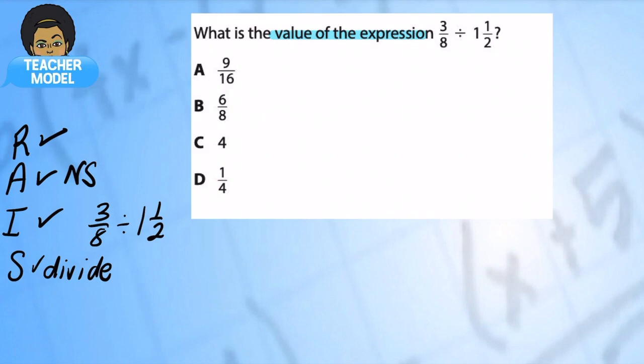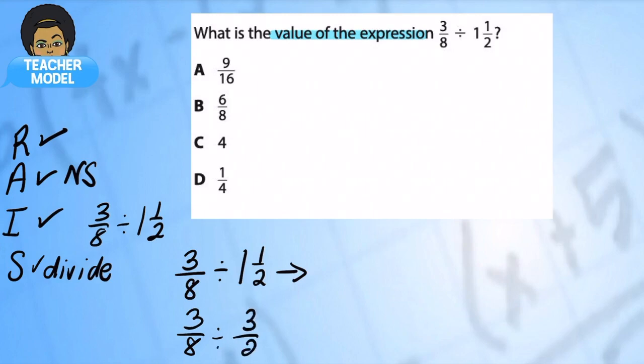So I'm going to do some division work here. 3/8 divided by 1 1/2. Let's change that. There are a few things we need to change here. First, let's make sure that we change this number to an improper fraction. So I have 3/2. So 3/8 divided by 3/2.